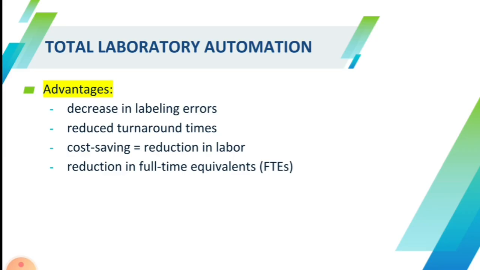There is strong evidence that automation not only heightens profitability but also improves quality, timeliness, and lab flexibility. After that, a great percentage of hematology and clinical chemistry tests are analyzed completely automatically. So we have this FTE, or full-time equivalent. It is the hours worked by one employee on a full-time basis.